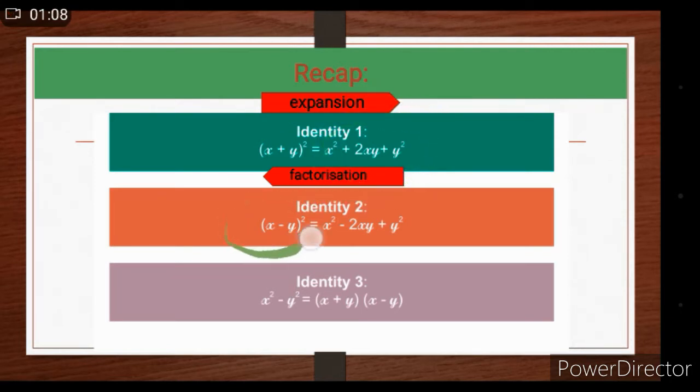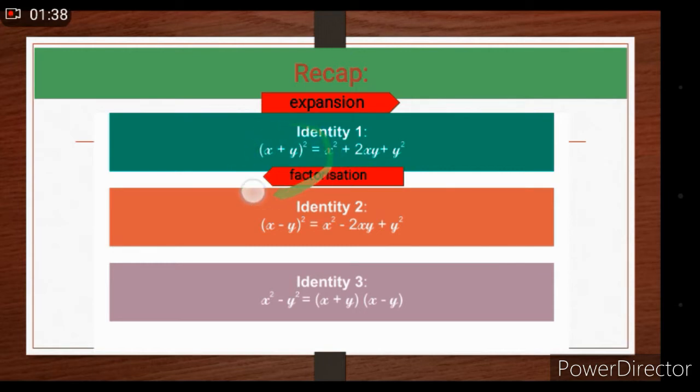This is identity 2, when you have the square of two terms with a negative sign, after expansion you will get this. And in the third identity, if you have an algebraic expression of such a type, you will expand and get x square minus y square.